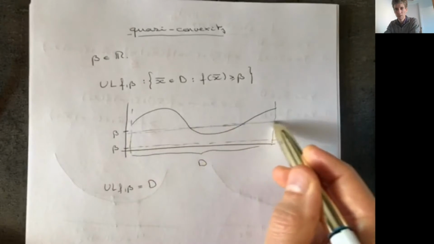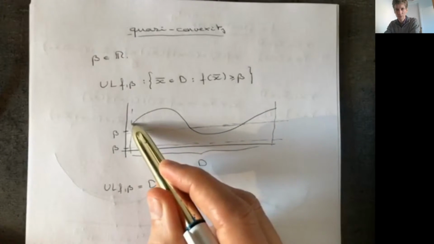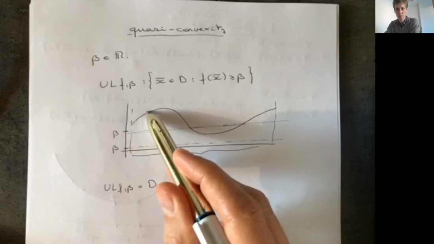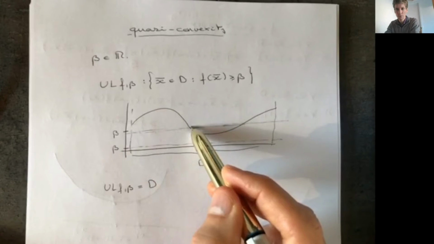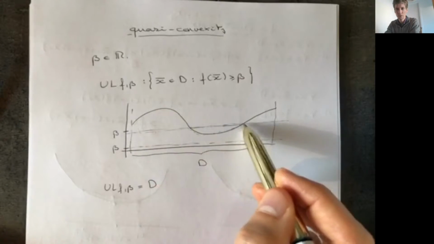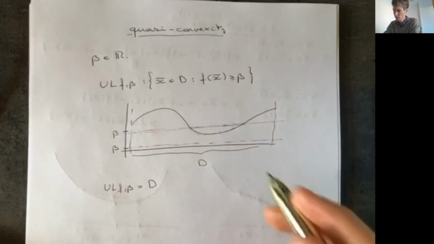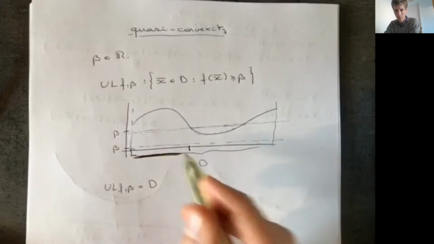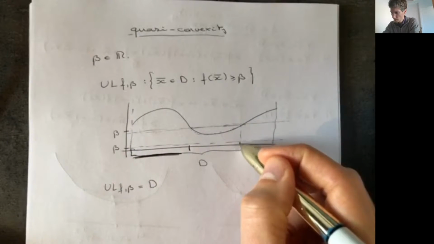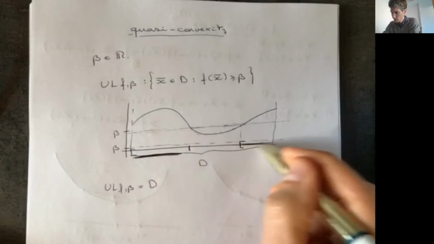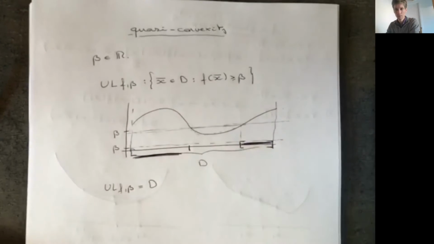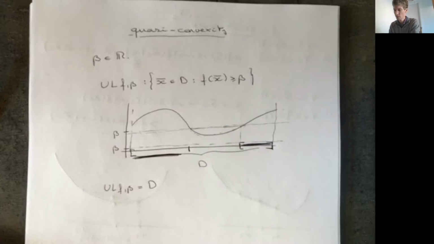Every point here, f of x is greater or equal to beta, then not the points here, then again the points that I have here. So basically it's this entire region here, and then this entire region here.